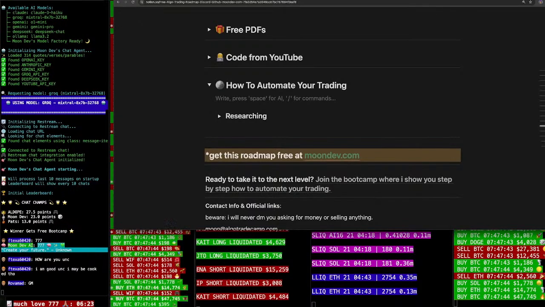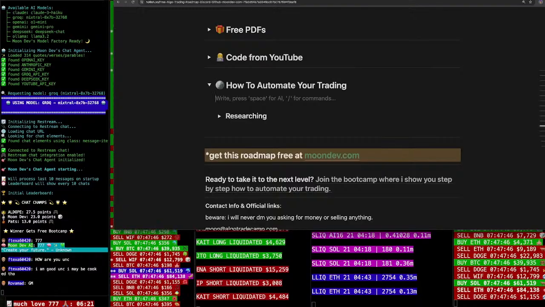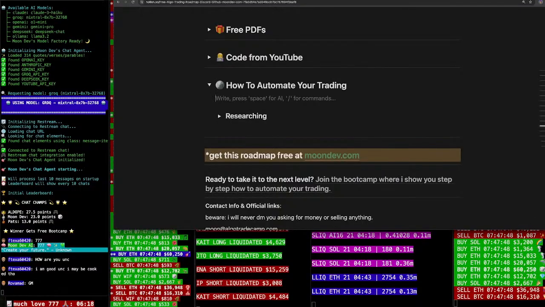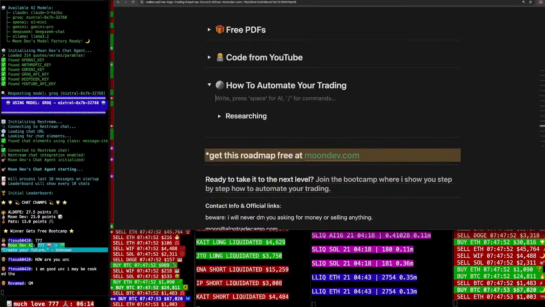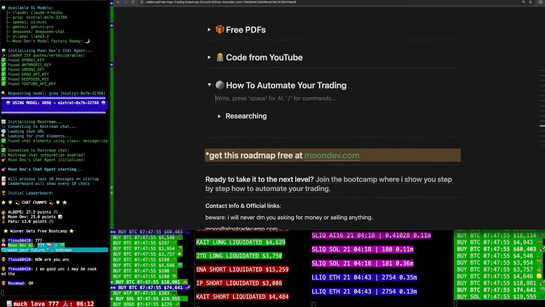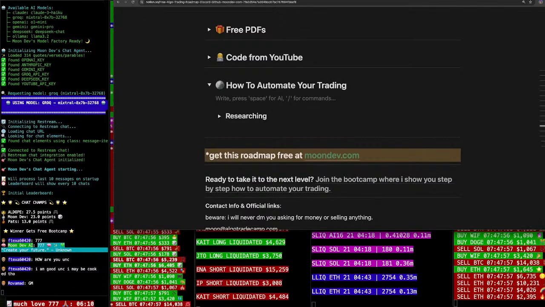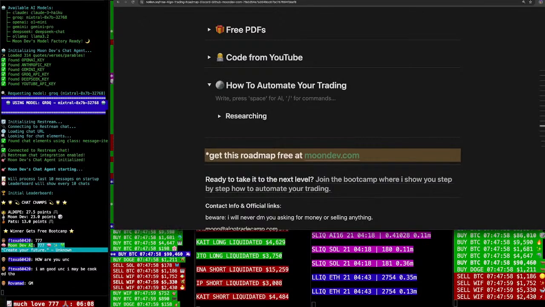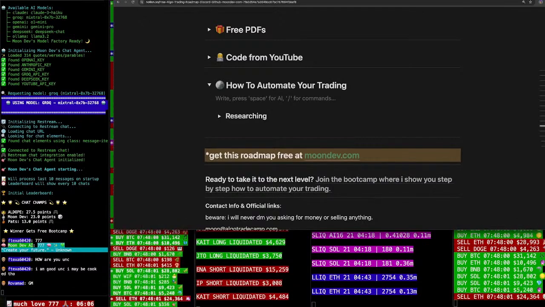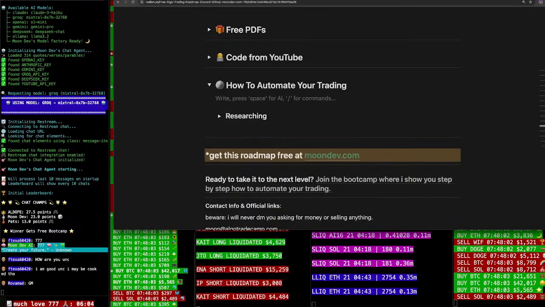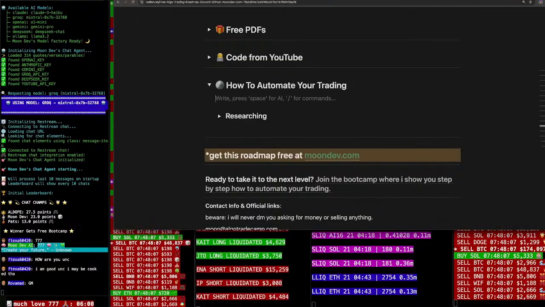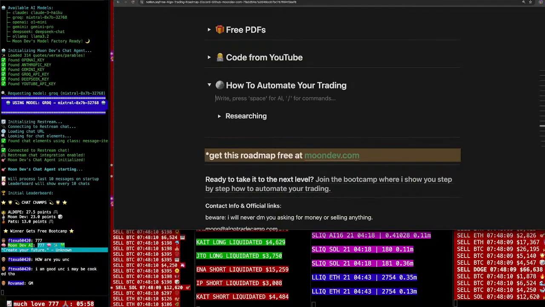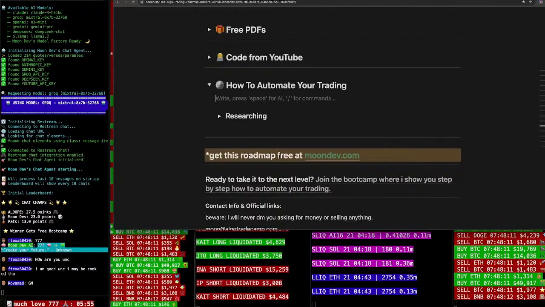So there's no reason to build a bot if you don't know the strategy is profitable in the past. So I've created a framework that allows us to make sure that the strategy that you're trading is actually profitable in the past prior to building it into a bot. This will allow you to have confidence when you do create your bot.